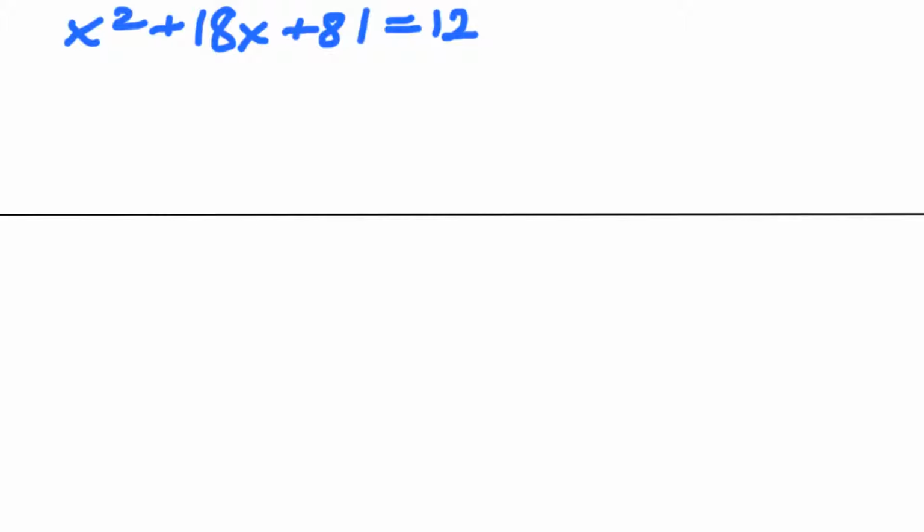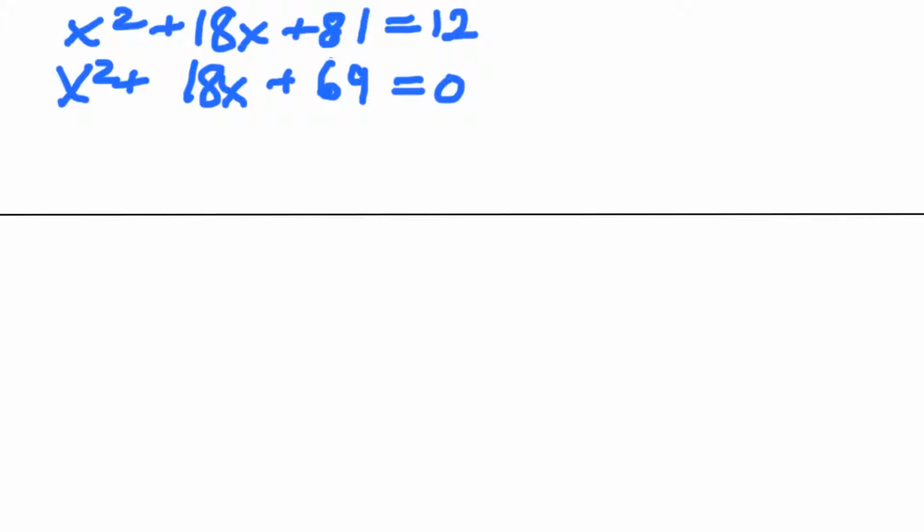Let me get started. So x plus 9 squared would be x squared plus 18x plus 81 equals 12. Okay, and we subtract 12 from both sides.